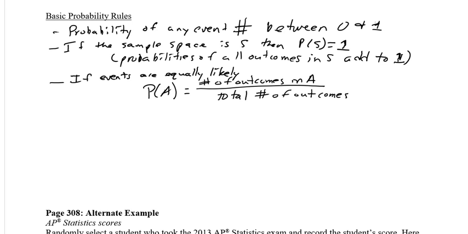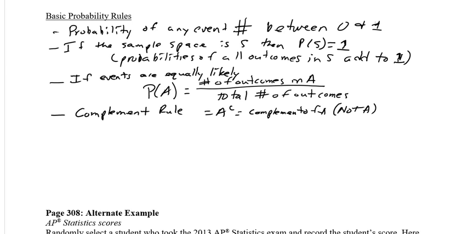The complement rule. So C is the complement of A. Essentially what it is, is not A. Everything that is not A is the complement of A. So if we talk about rolling a sum of 9, the complement of that would be rolling anything but a 9.